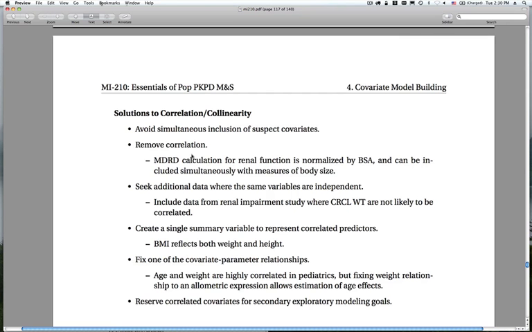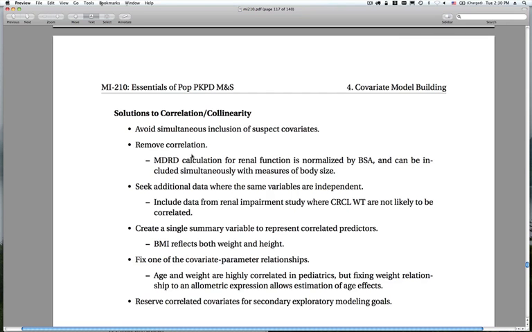And so that would add strength to your estimation of those effects. You could create a single summary variable to represent correlated predictors. Body mass index, for example, reflects both height and weight effects. So you could create a summary. It could be a standard measure like BMI, or it could be just some user-defined combination of those covariate effects.